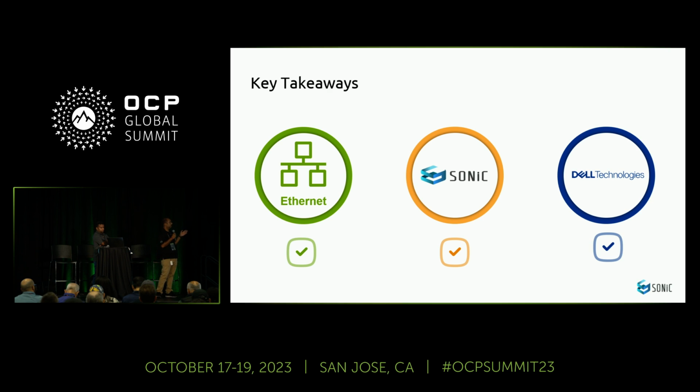If you are taking one thing away, Ethernet is ready today for deploying your GPU to GPU fabric, your AI fabric, and SONiC is already ready to do all those GPU to GPU fabrics for you today. And then we at Dell Technologies are ready to support you. Thank you.